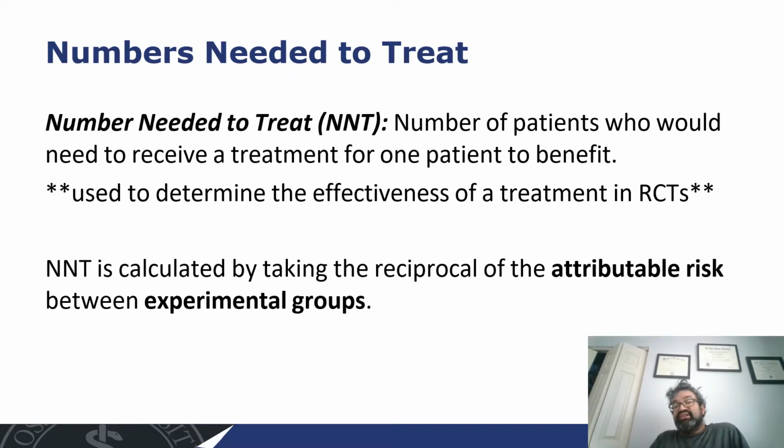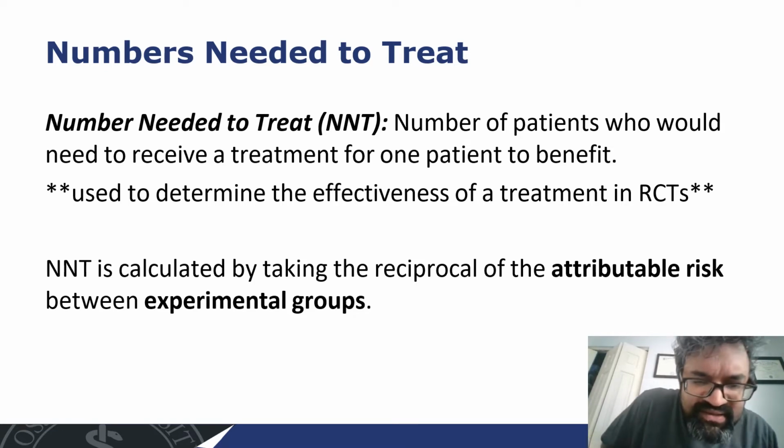Number needed to treat, number of patients who would need to receive a treatment for one patient to benefit. And this is actually the reciprocal of absolute risk reduction. So the reciprocal of attributable risk between experimental groups. Remember how I calculated that? Well, you flip it, and we can take a look at an example.